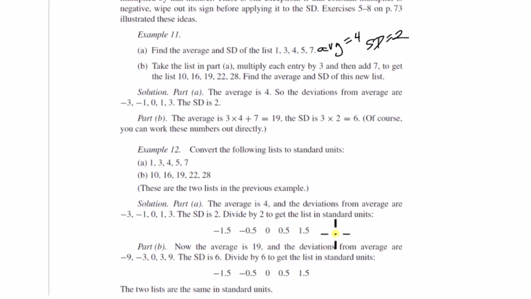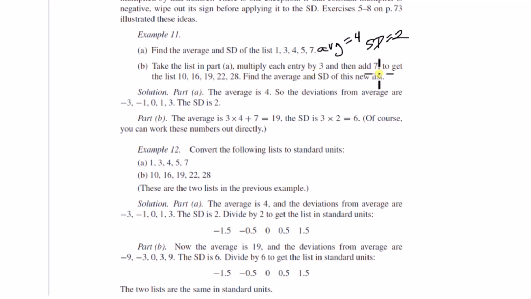Now, there is one exception in the sense that, notice how what we did here, we didn't multiply by a negative number. If you multiply by -1 or any negative constant, then it will change the standard units list. Let's say we multiplied each entry by -3 and then added 7.